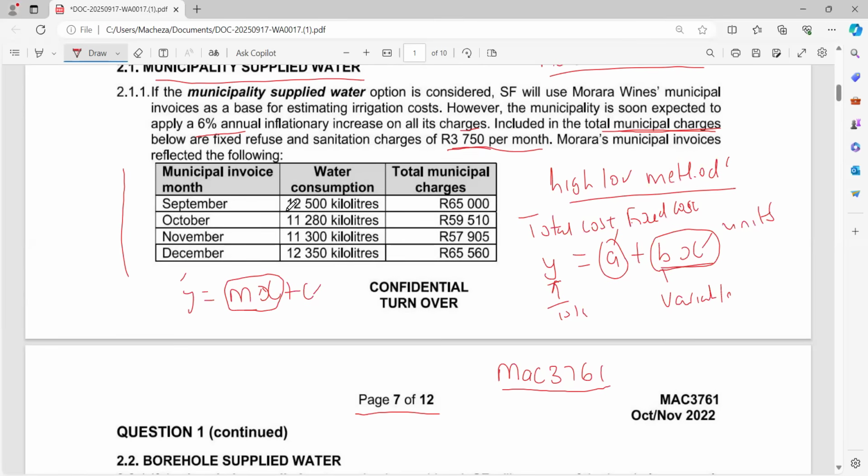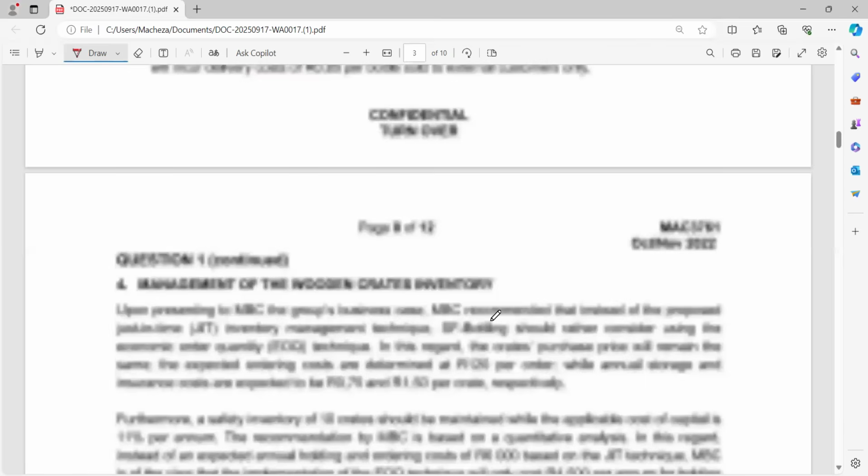Your highest units is the one that is going to determine which figures you are going to use. So our highest is going to be this one, 12,500. And our lowest is going to be this one, 11,280. So we take these two and we also take these two. Then we get our variable cost per unit. That's basically how it works when you are using the high-low method.